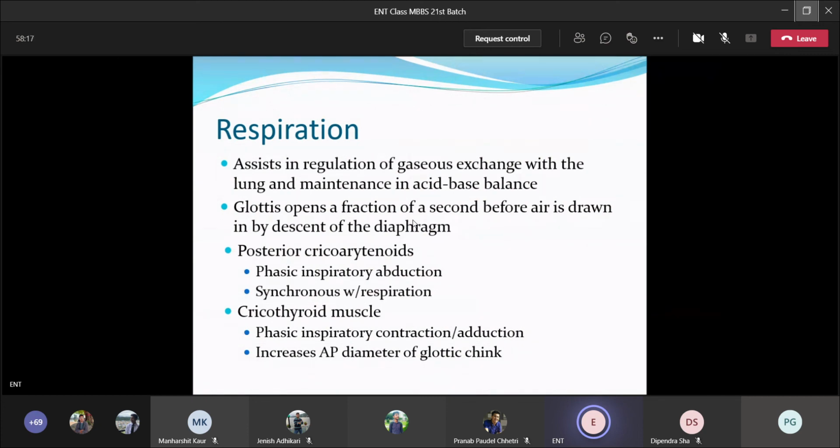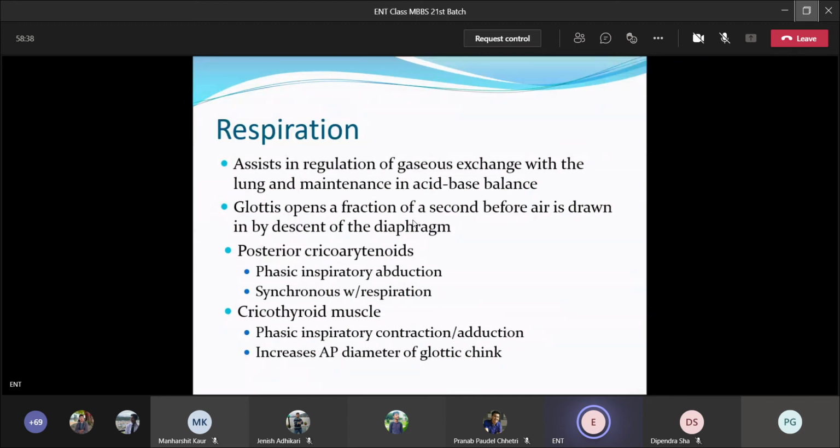Respiration assists in the regulation of gaseous exchange with the lung and maintenance of acid-base balance. The glottis opens a fraction of a second before air is drawn in by descent of the diaphragm.